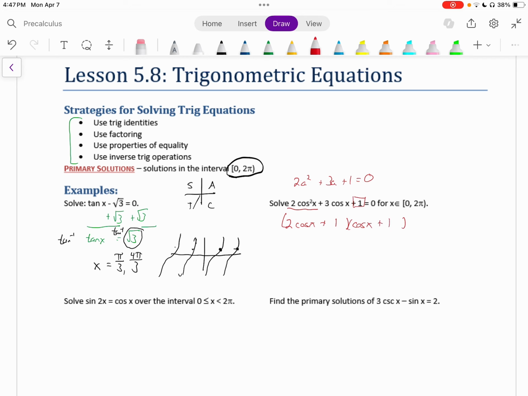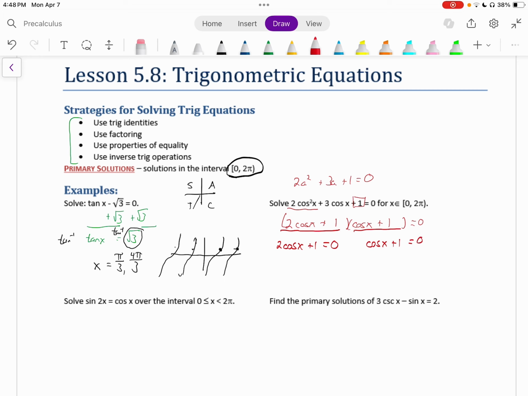So we put 1s in this spot, and that's equal to 0. And then here, we learned if two things multiply together to equal 0, then one of them has to equal 0. So we're going to write either 2 cosine x plus 1 equals 0, or cosine of x plus 1 is equal to 0.